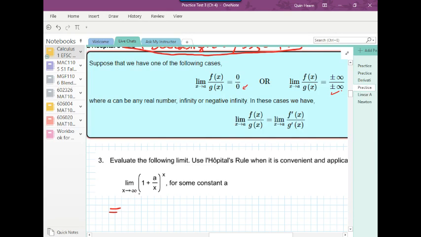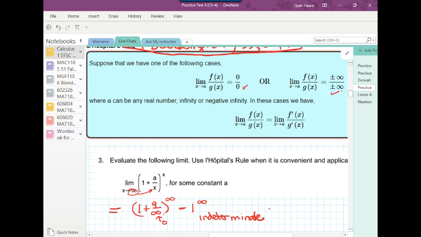So you may have seen in college algebra or pre-calculus, you may have seen continuous compounded interest and regular interest. And in the regular compound interest formula, this expression comes up.